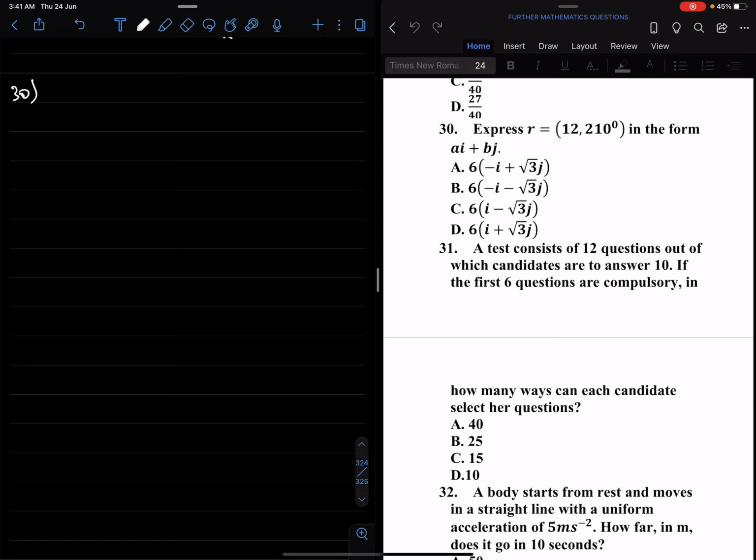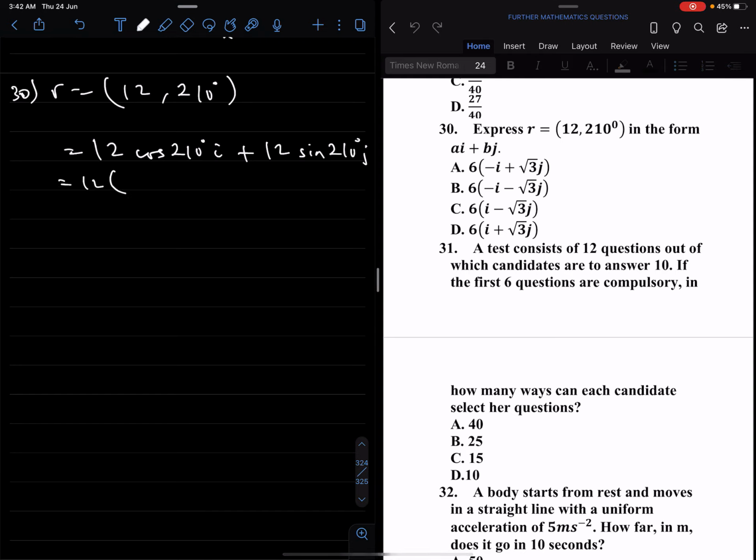Express R equals 12 at 210 degrees in the form AI plus BJ. That simply means 12 cos 210 degrees I plus 12 sine 210 degrees J, which is 12 times cos 210 degrees, the same as minus cos 30 degrees.